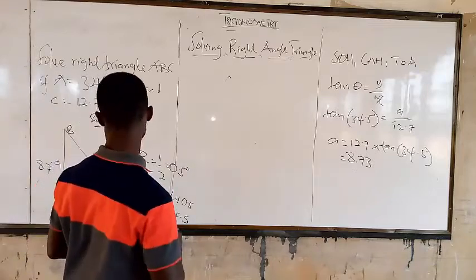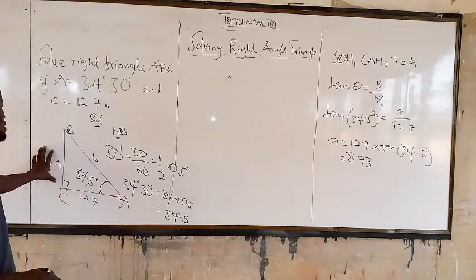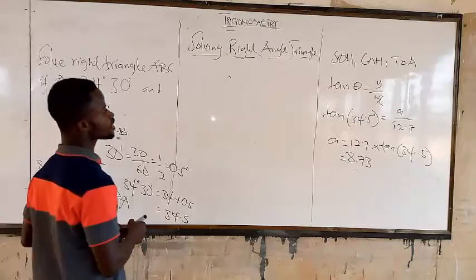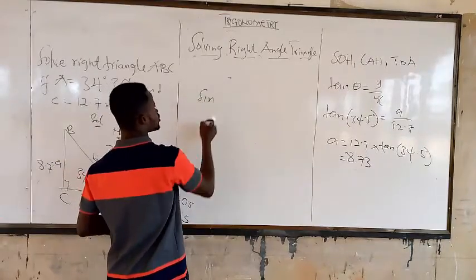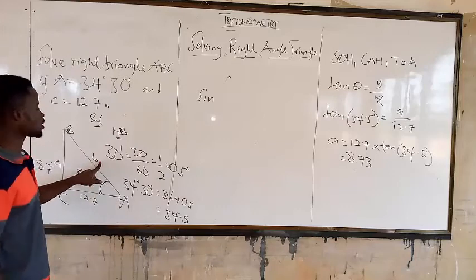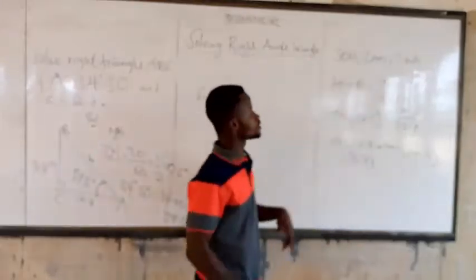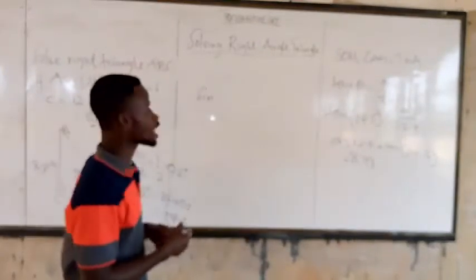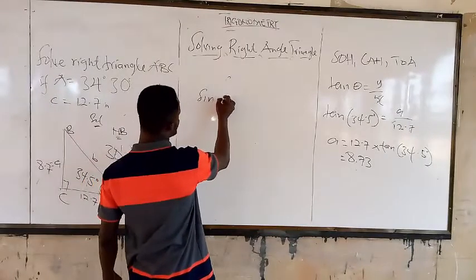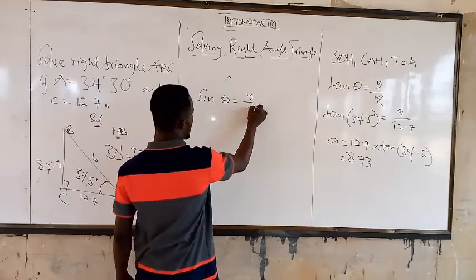Then we go for the side B. Since we have the opposite, we can use sine because we are looking for the hypotenuse. We use either sine or cos, the one that is connected with the hypotenuse. So sine theta is equal to y over r.